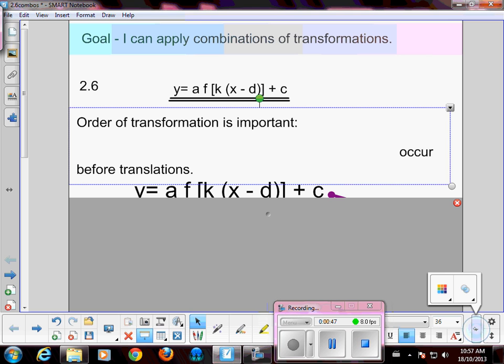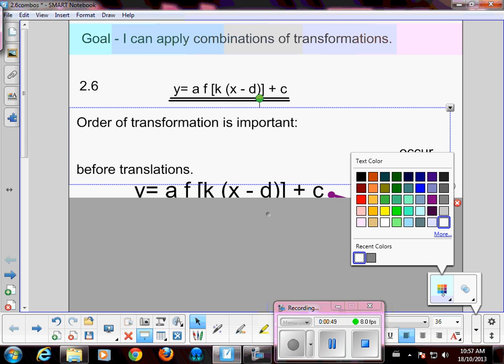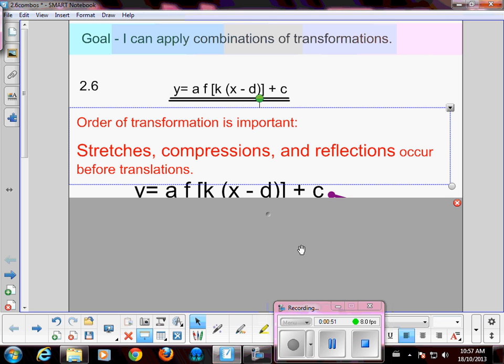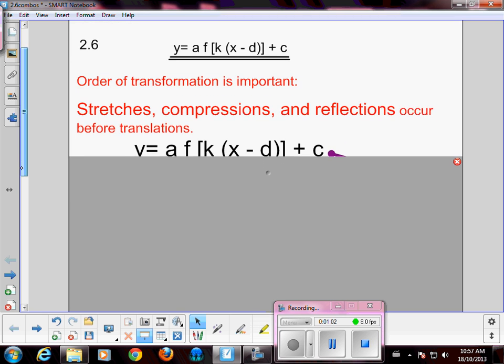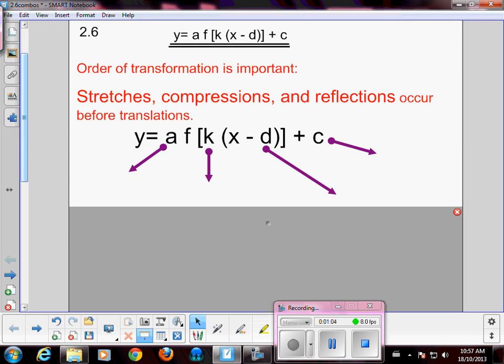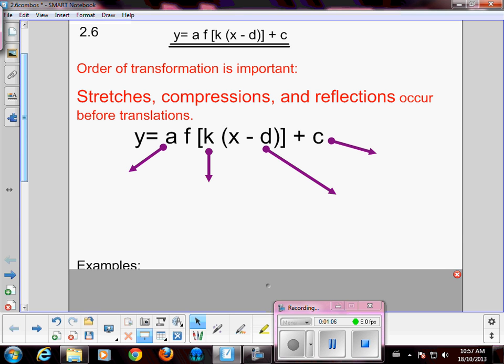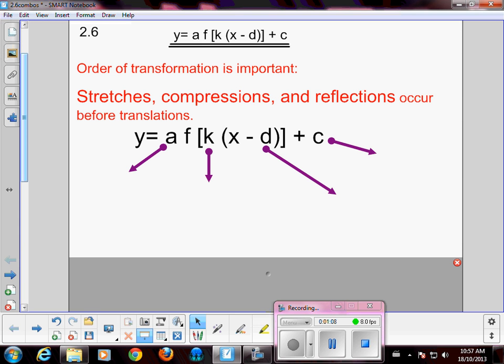Okay, so stretches, compressions, and reflections occur before translations. So let's take a little closer look at exactly where those items are.